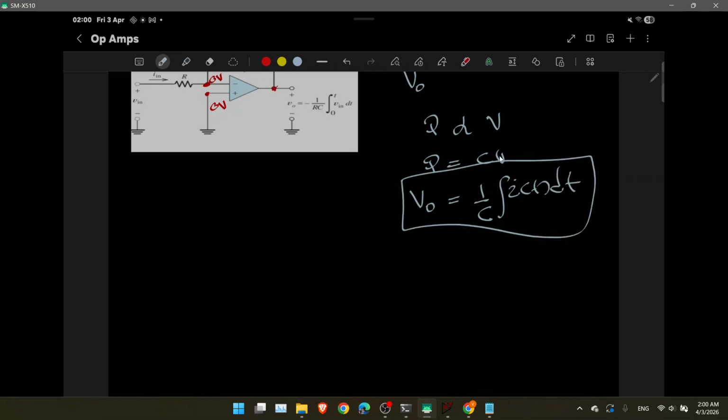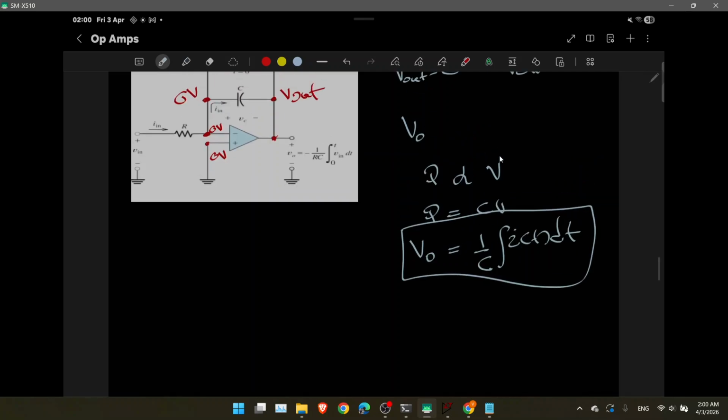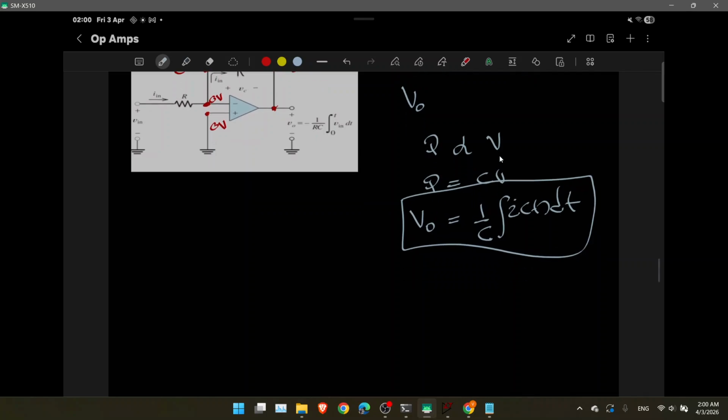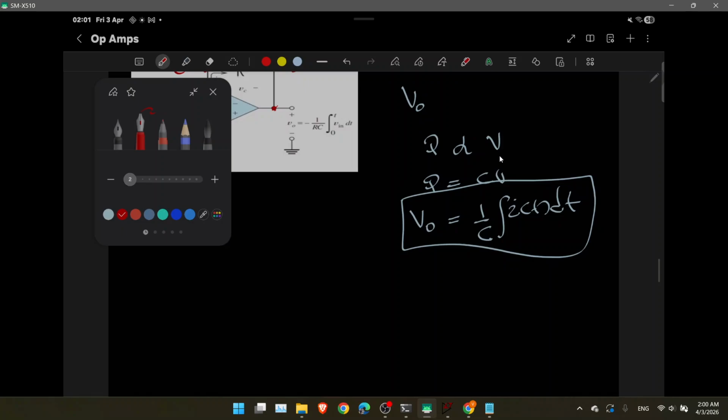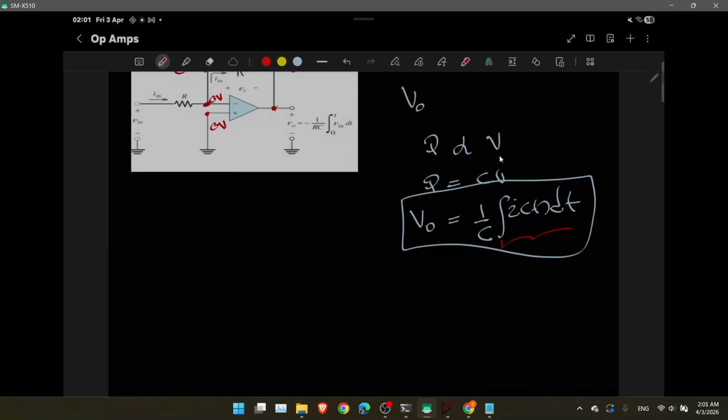This is the characteristic equation that we can use for the voltage across a capacitor. So here you can see that there is some integration. Since there is integration, we can do some integration through this kind of circuit setup.